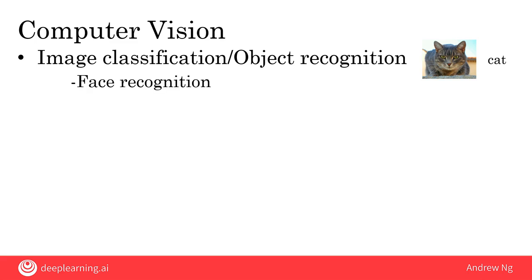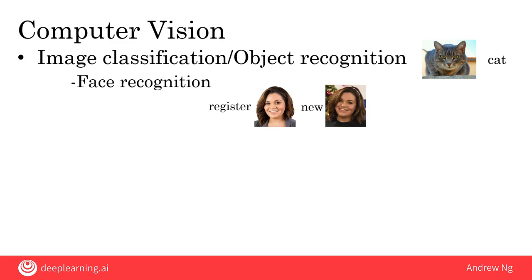One specific type of image classification that has had a lot of traction is face recognition. This is how face recognition systems today work. A user might register one or more pictures of their face to show the AI what they look like. Given a new image, the AI system can then say, is this the same person? Is this you?